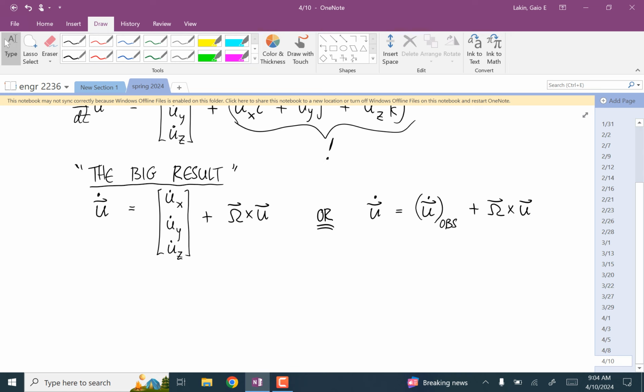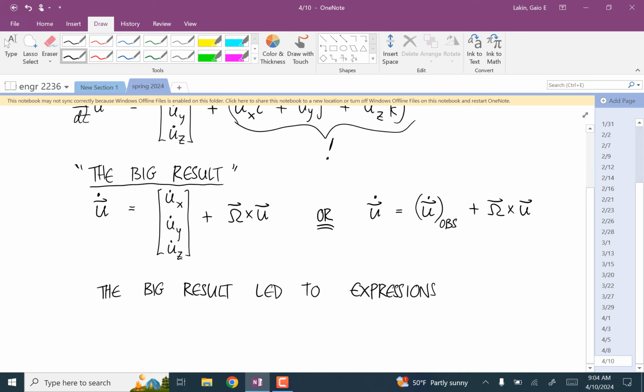And the big result led to expressions for the velocity vector and the acceleration vector, which are obviously, especially acceleration, really key things in kinematics.